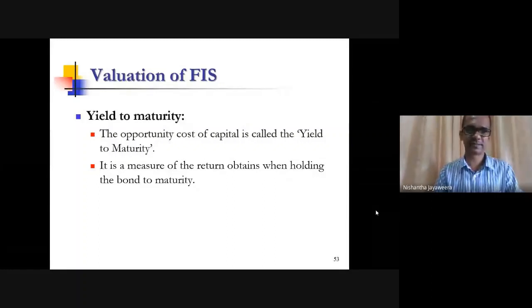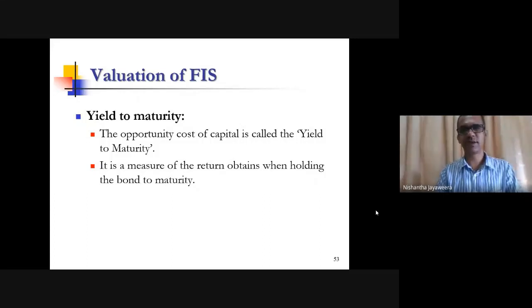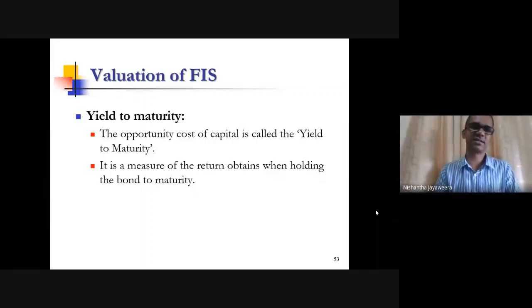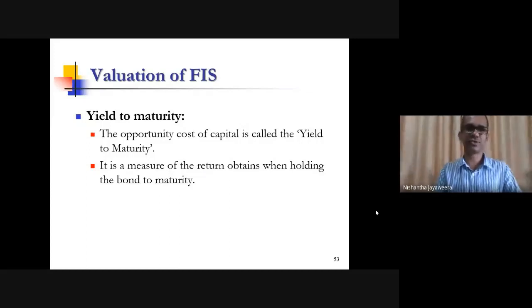Did you get that? Say you want 5%, but the market gives only 4.5%. So your required rate of return is 5%, market yield is 4.5. You won't do a transaction, and you won't get your required return. Is it clear?